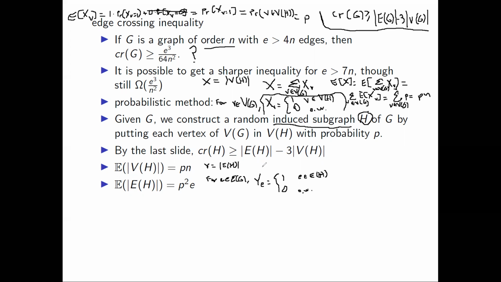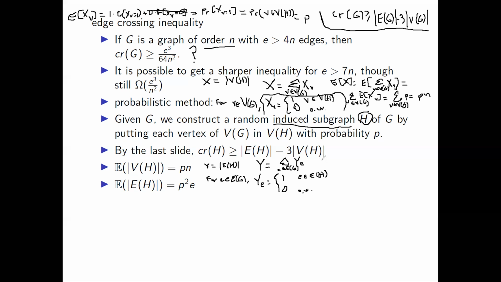And just like we did above, we can write Y, the cardinality of the edge set of H, as a sum over these indicators. So for each edge in the edge set of G, we include the indicator Y sub that edge.